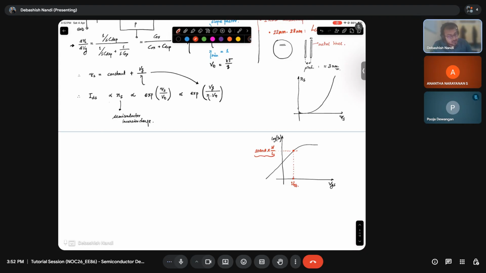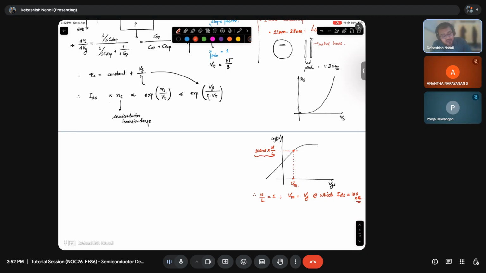So that means if my W by L is equal to 1, understand this very carefully, then threshold voltage is that gate voltage at which IDS is equal to 100 nanoampere. This is irrespective of whatever W and L you have.